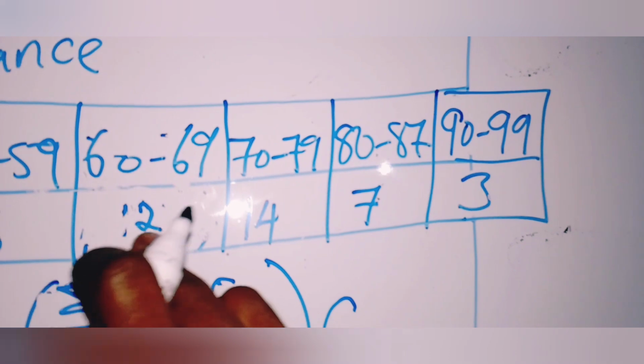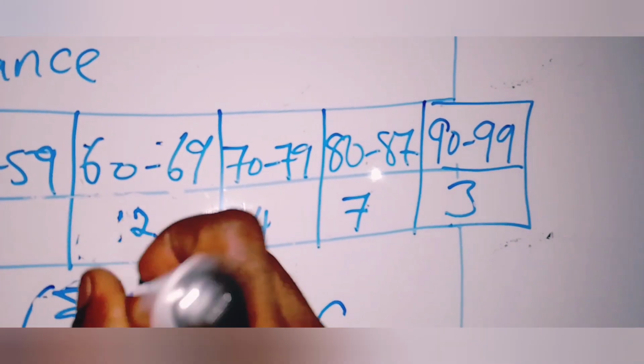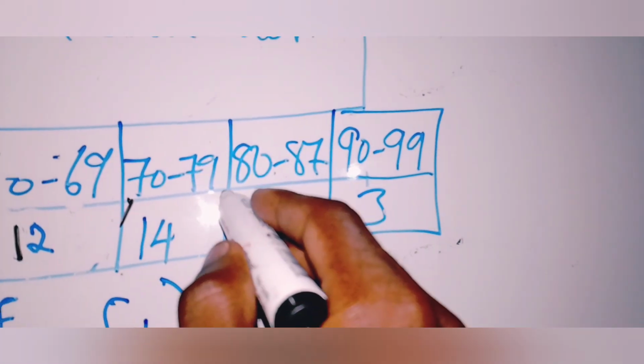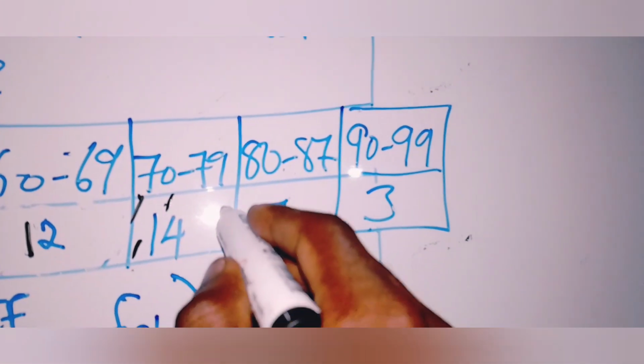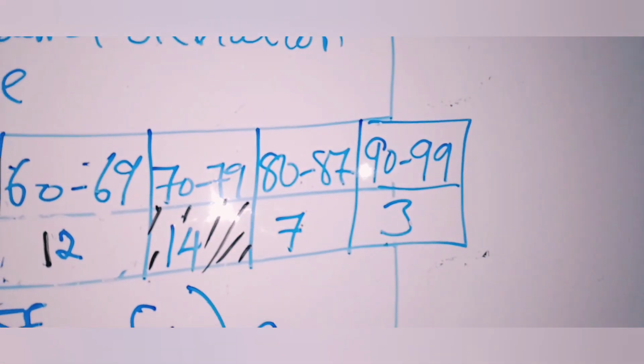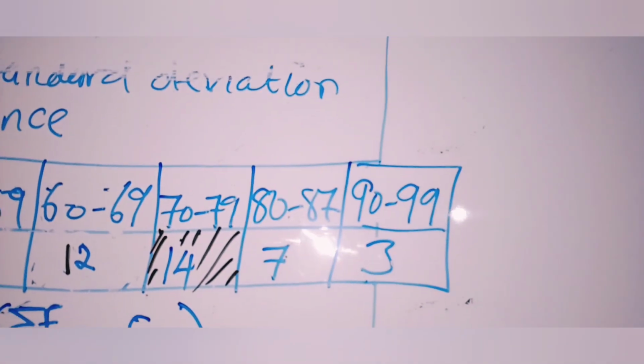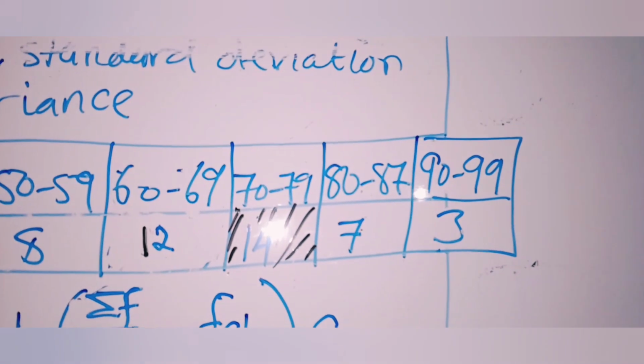So we're just going to shade 14 as we are calculating for the mode. I'm not saying you also shade; this is just for illustration purposes.